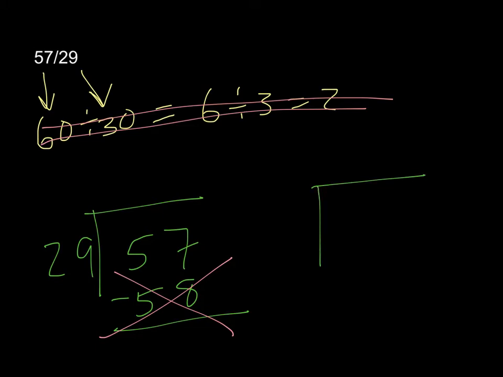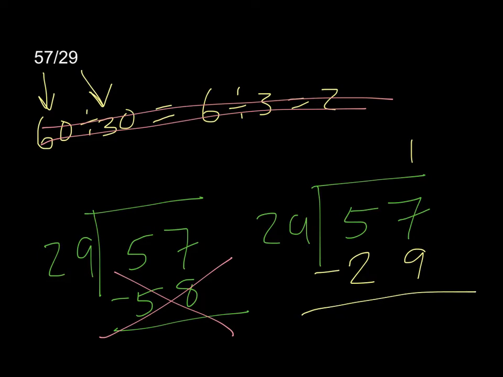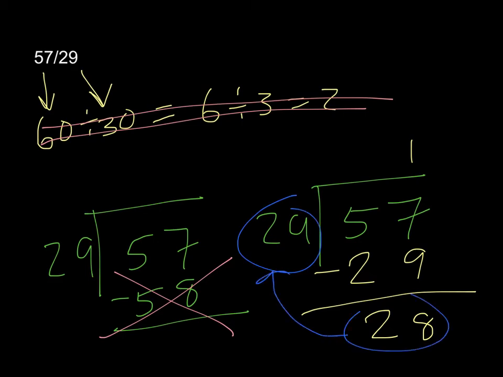So if we try 57 divided by 29, and we start with 1, we can then subtract that 29, and we will see that we have 28 left, which is not enough to fit into 29, because 29 is still greater than 28. So that means we have that remainder of 28.